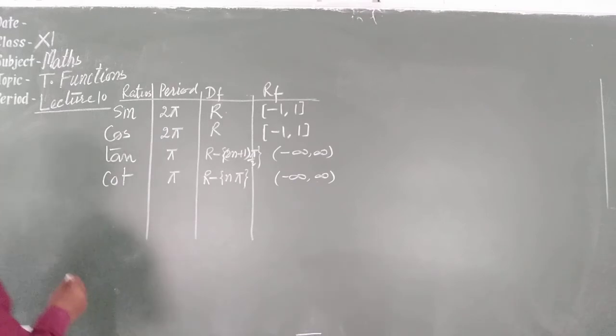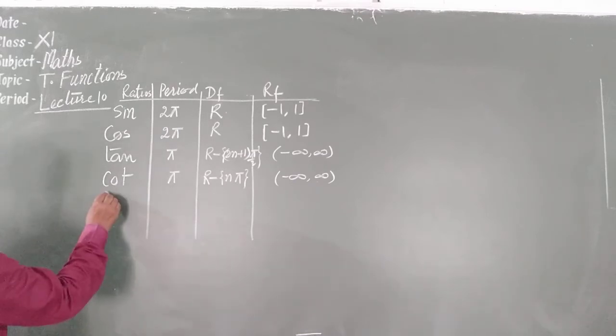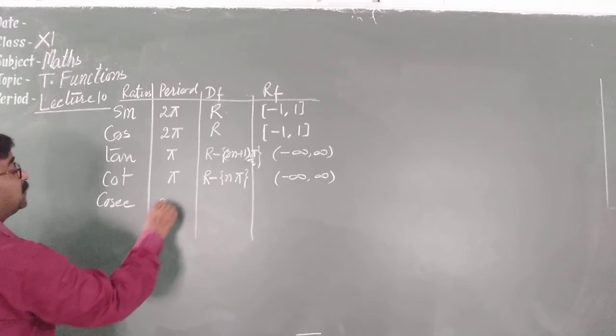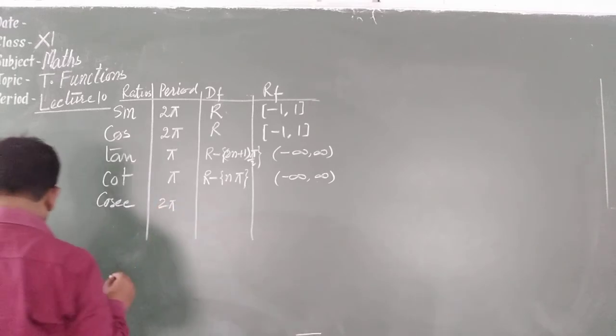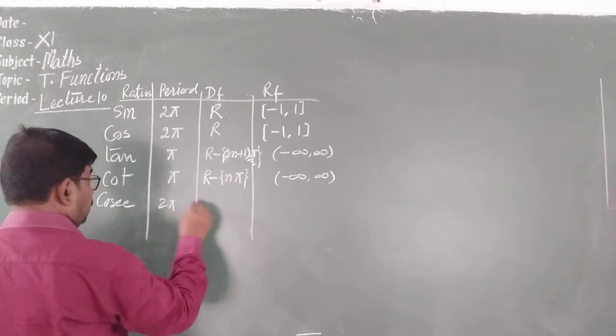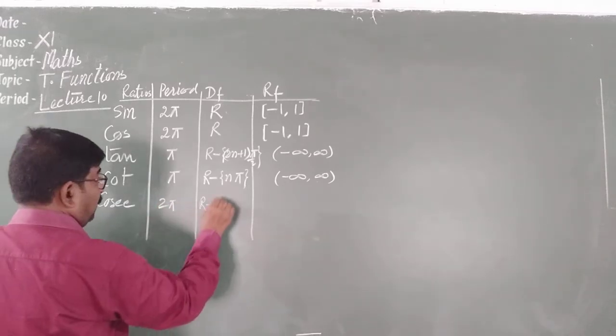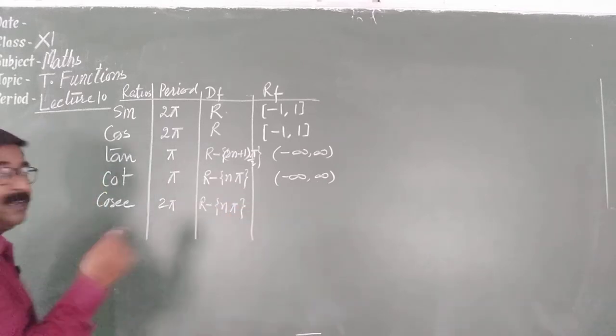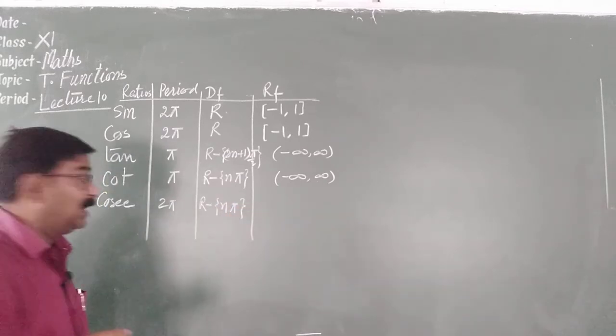If we find cosec, its period is 2 pi and its domain is R minus n pi. When we plot the graph, you can see why.